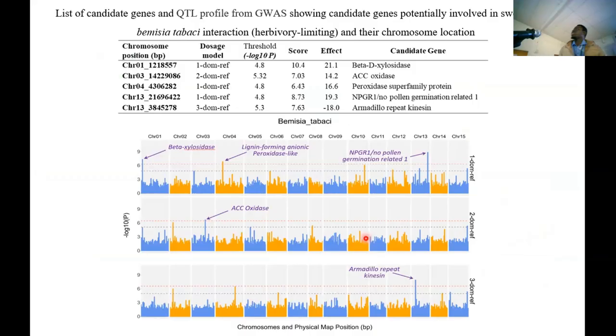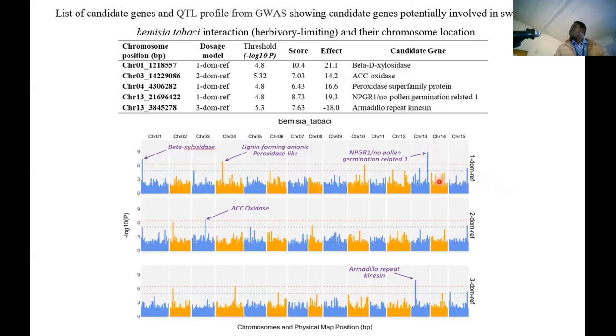So to look at the candidate genes and the QTL profile from the GWAS, after doing the candidate gene selection, we have a list of candidate genes that are possibly involved in limiting Bemisia herbivory. We found a candidate gene that is ACC oxidase, which is involved in ethylene signaling and also in limiting insect herbivory.